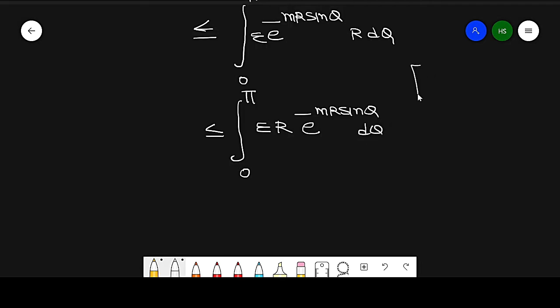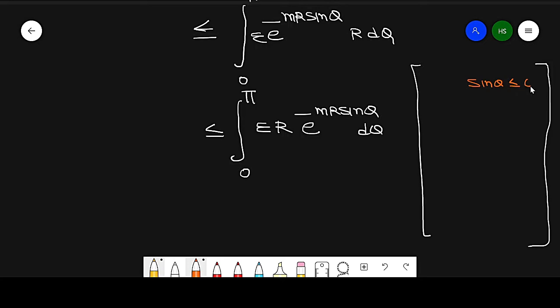Now using the Jordan inequality. So what is that inequality? That inequality is that sine theta is greater than or equal to 2 theta by pi. So this is the Jordan inequality.